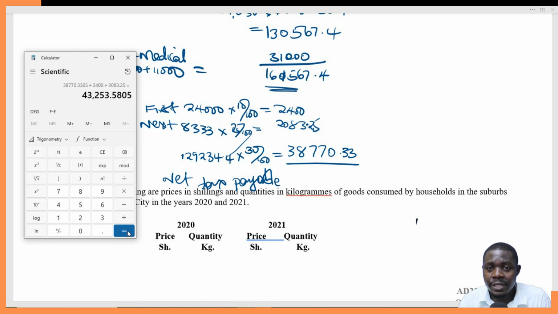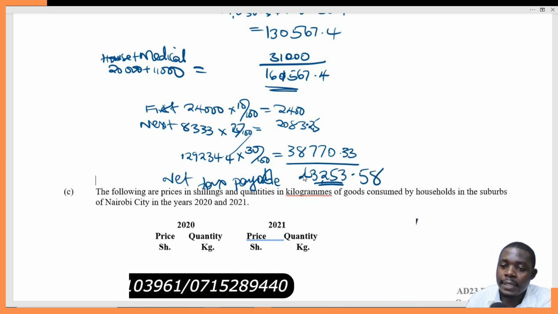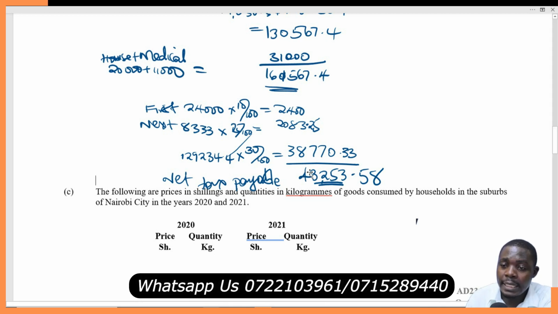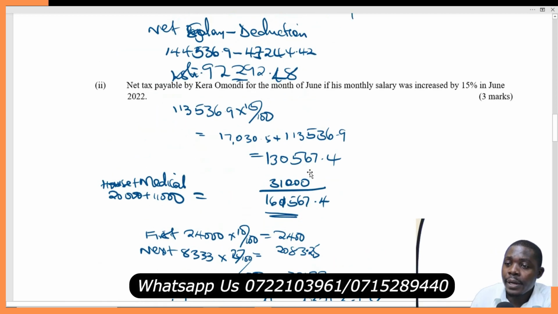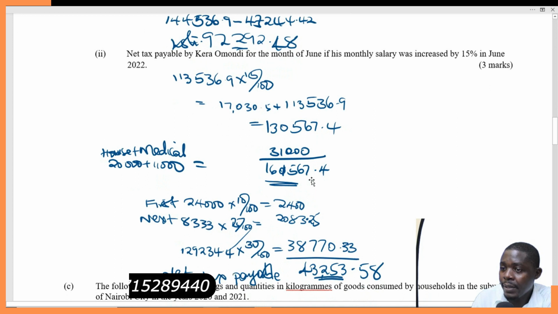You get 43,253.58. That is the net tax payable after increasing the salary by 15%.